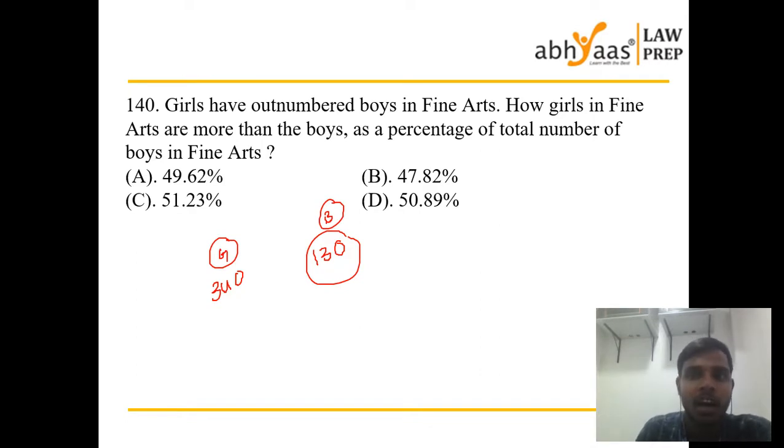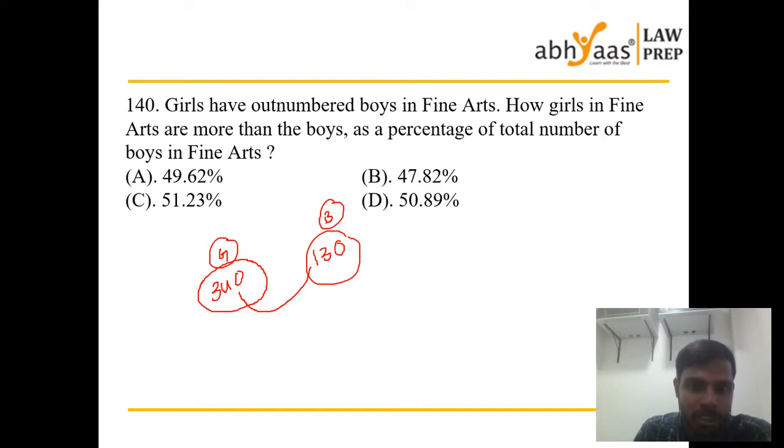We have to find how many girls in fine arts are more than the boys as a percentage of total number of boys in fine arts. So we have to compare with respect to the total number of boys. Simply the question is, the number of girls in fine arts are how much percentage more than the number of boys?